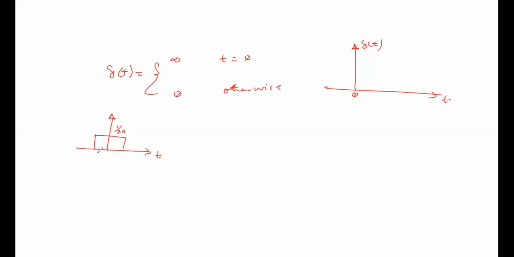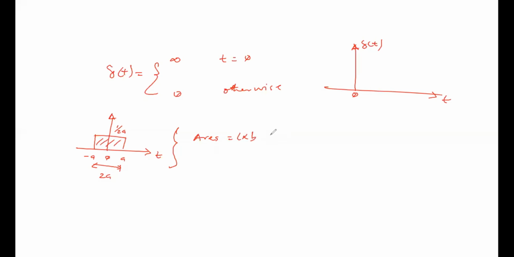Now, if this is negative a and this is a, it means that this length is going to give us 2a, right? So the area under this curve is the same as length times breadth, right?